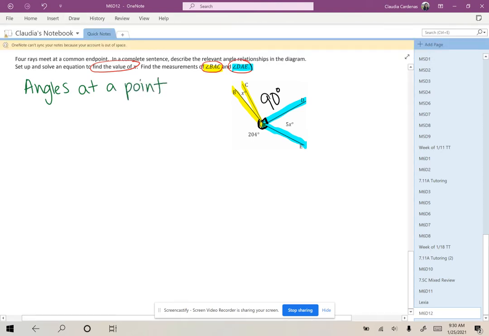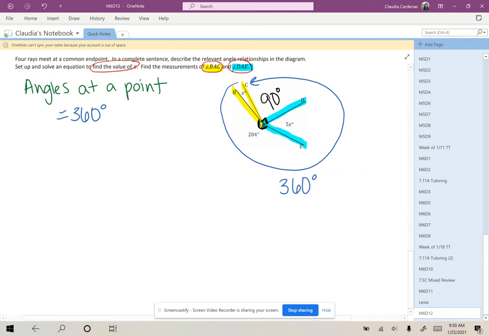And if I start at angle C and draw my pencil all the way around to go back to angle C, I know that all these angles at a point have to add up to 360 degrees. So go ahead and write this down. Whenever we see angles that come together at one point, we know they all have to add up to 360 degrees, like a 360-degree turn.